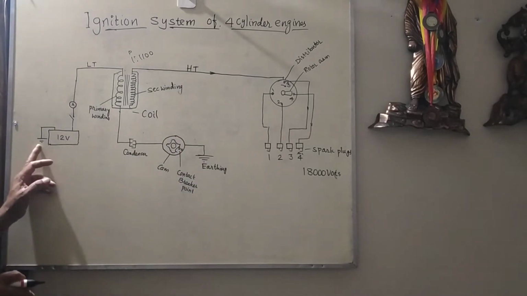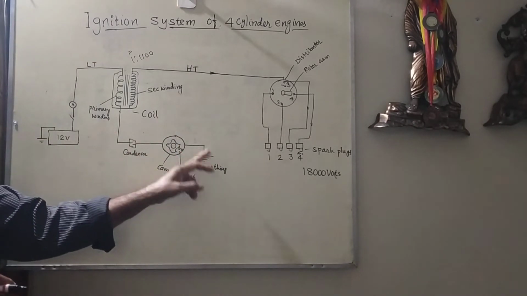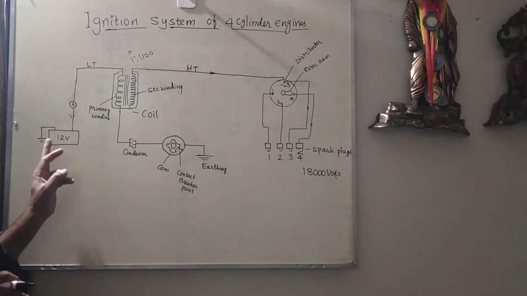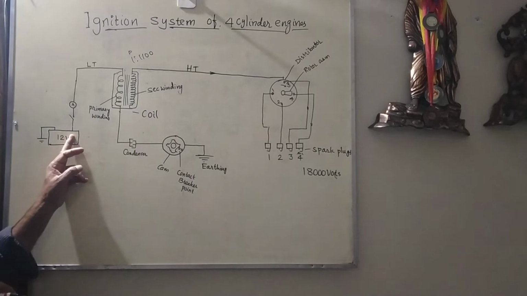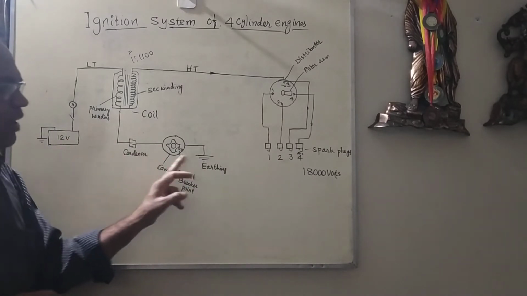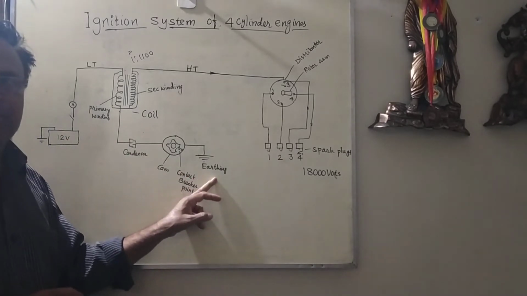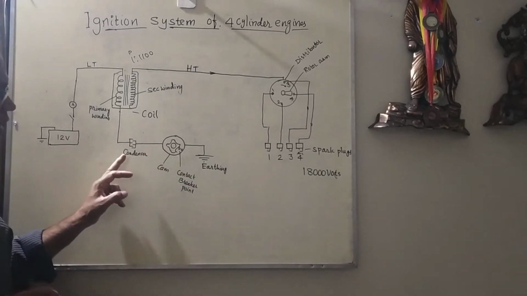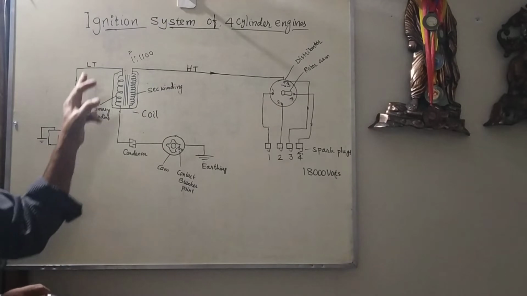It starts from the earth at the battery and ends at earth, and that is called the primary circuit. The contact breaker points, the cam, the earthing and the condenser, and this complete unit is called the ignition coil.